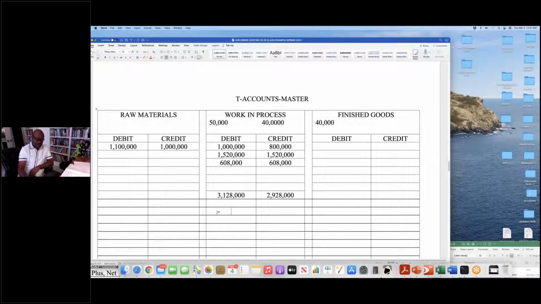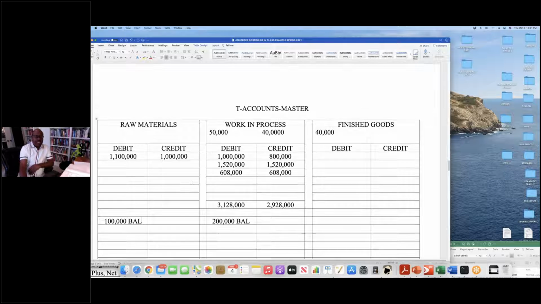How much do we have left in this T account? $200,000. 100,000. How much do we have in raw materials at this point? 100,000.